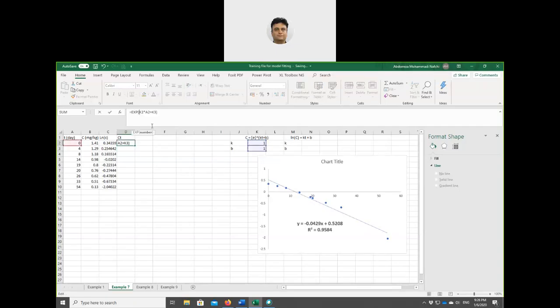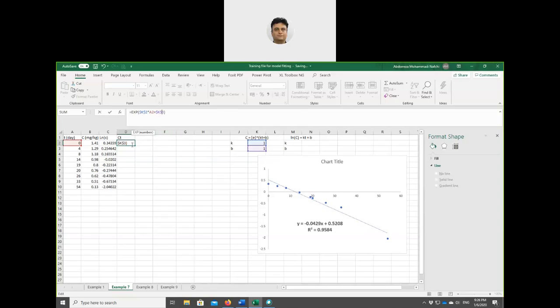So again, I need to fix the constants K and B. They are our constants. Okay, so I want to make sure that they are constant. For constants, put the dollar sign before and after the letter.